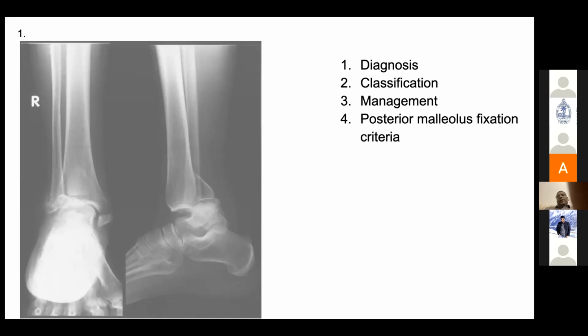Even if the ankle joint is not stable, if it is going posteriorly even after reduction, in that case also you need to fix. So there are 3 criteria. Depending on the size, if it is around 25 to 30%, displacement about 2 to 3 millimeters, and if it is contributing to ankle instability after reduction, you should fix the posterior malleolus. Yes. Okay, is it clear? Yes.